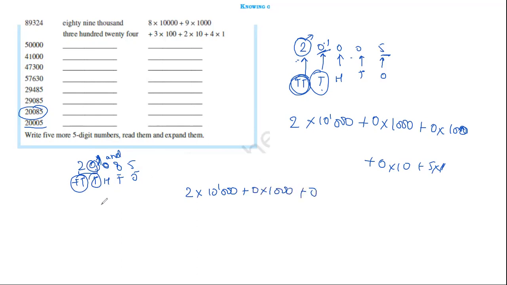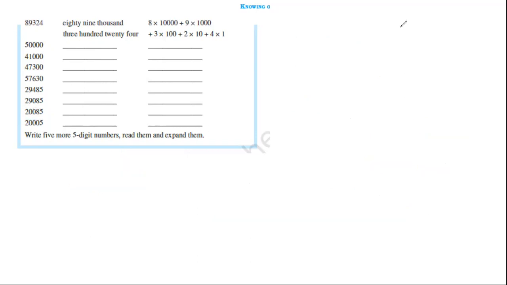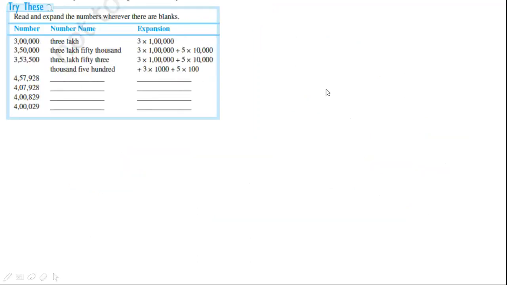This 0 is at the 100 place, so I'll multiply this with 100. 8 is at the 10 place, so I'll multiply this with 10, and 5 is at the 1 place, so I'll multiply it with 1. And we'll add them. So this is the place value form. You should try the other things by yourself, in the same way as I have explained. Same thing you need to do here, but here he is actually putting the commas.